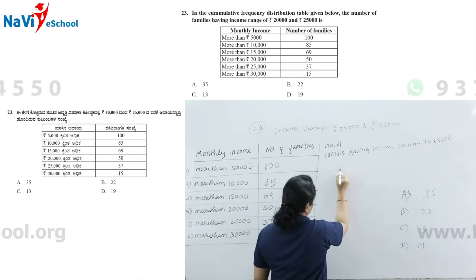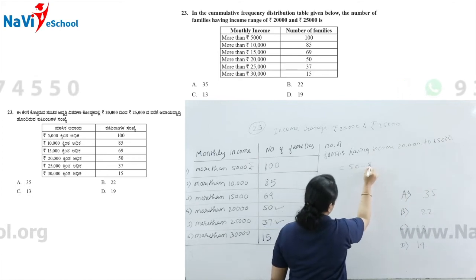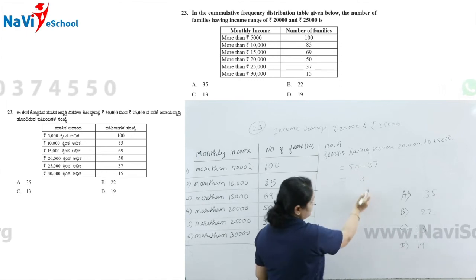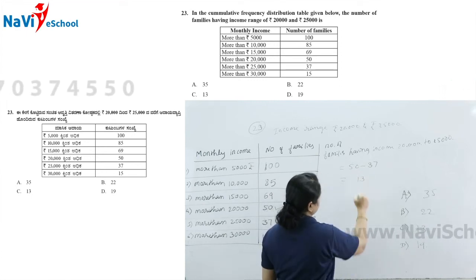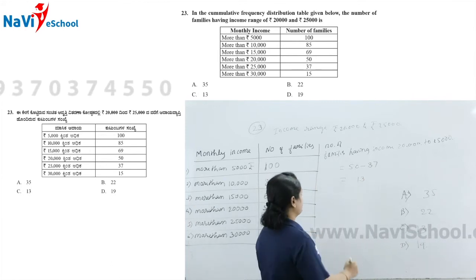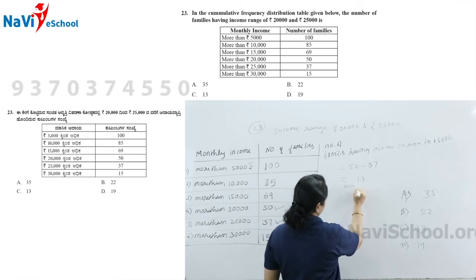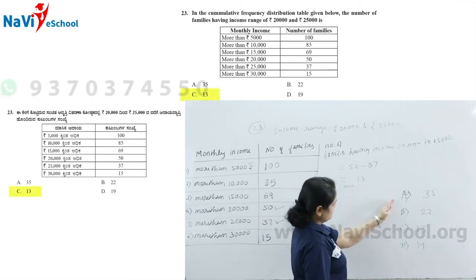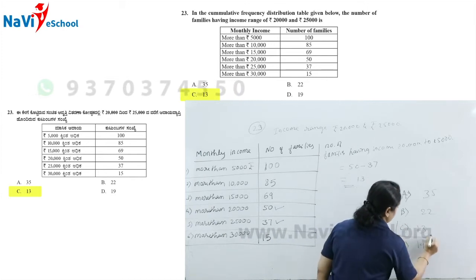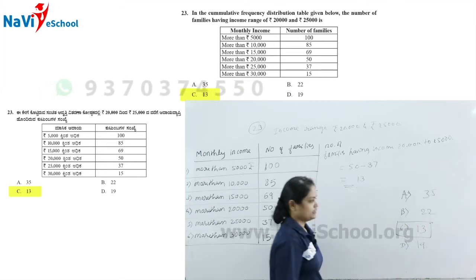See, 50 minus 37 gives you how much? 50 minus 37 gives you 13. So, in the option where we have 13, C. Therefore, our answer is option C.